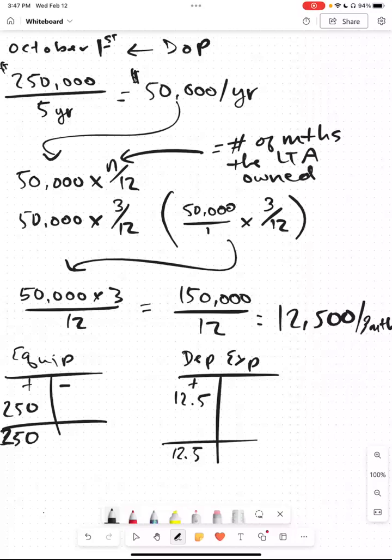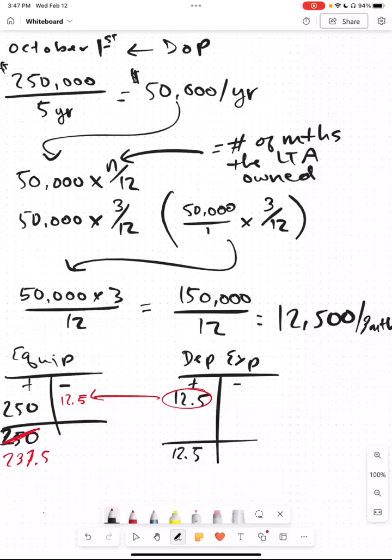Now the question is, I've got my debit right here. But where does my credit go? Can my credit go here on equipment? Well, if I put it here on equipment, what happens to this? It all of a sudden becomes 237.5. We can't have that because now our balance has changed.